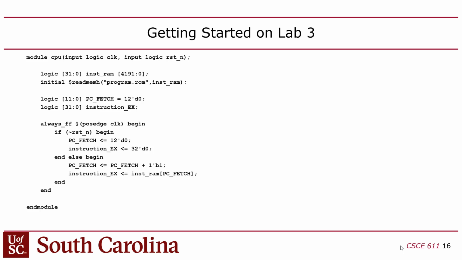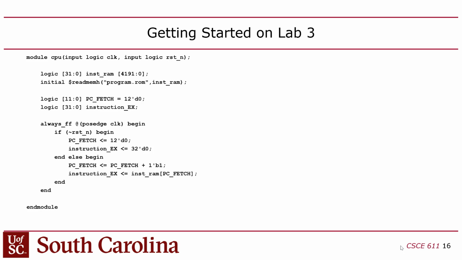If reset n is 0, then we're going to zero the PC fetch, and we want to zero the instruction. That's not quite right, sorry. What I meant to say is you want to zero out the instruction that's being executed in the second stage of the pipeline. So basically you're going to blast out whatever instruction would have normally been in execute, right? I'm going to zero it, okay?